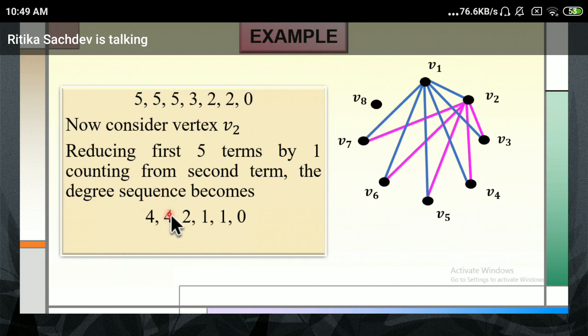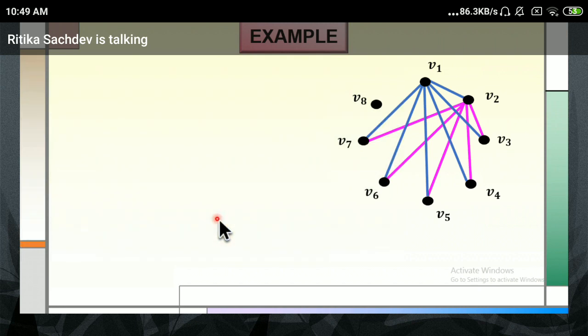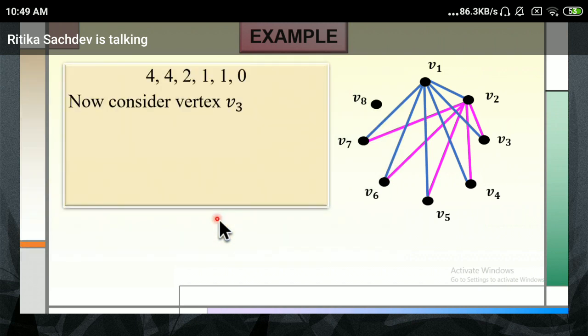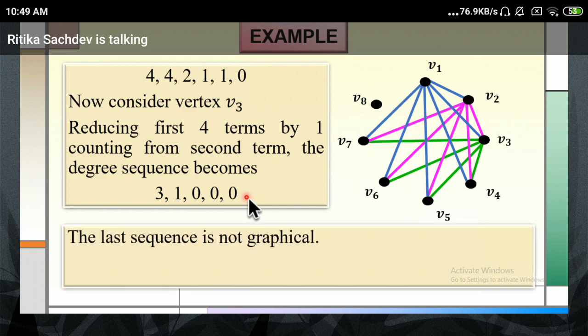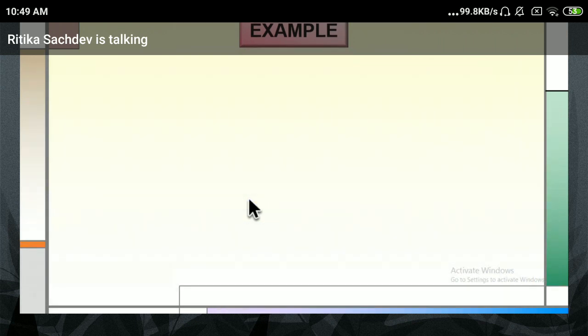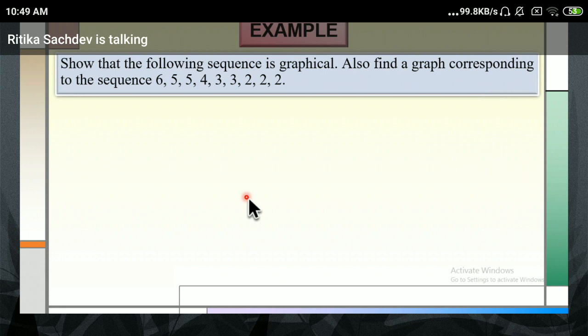Then in the next step, we have to subtract 1 from the first 4 numbers, starting from second. So we got it as 3, 1, 0, 0, 0. But now if I proceed further, I will get 0, -1, -1, 0. So I should not proceed further from here. And I can conclude that the graph is not possible.